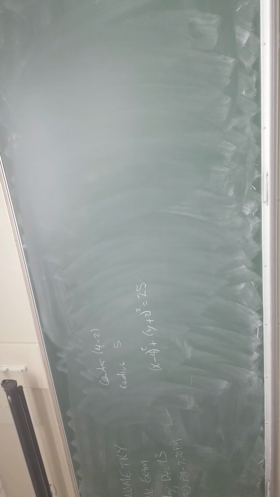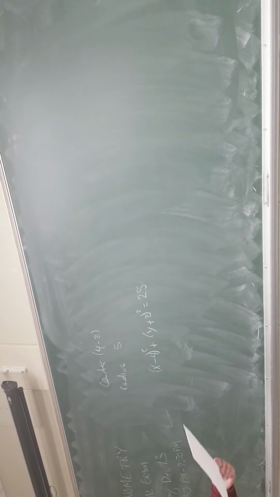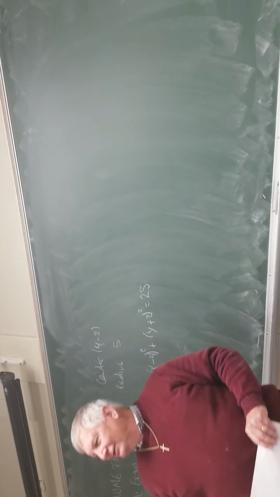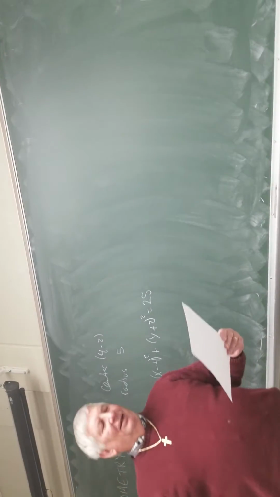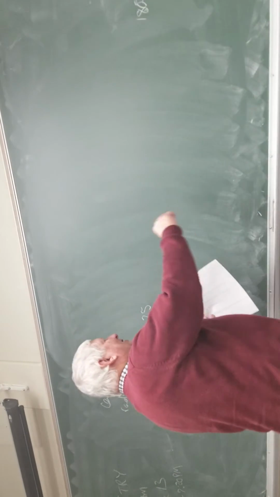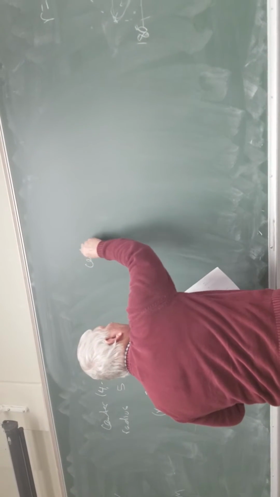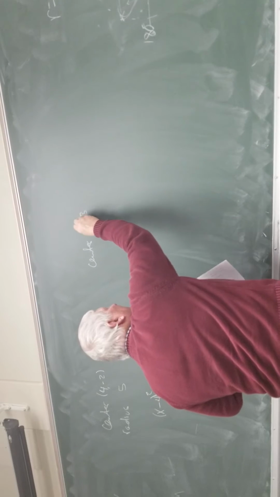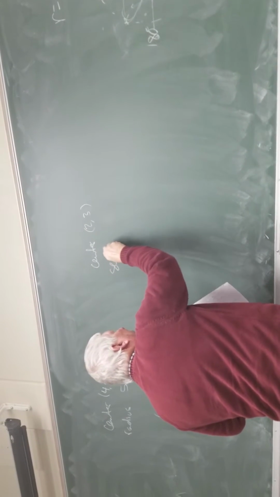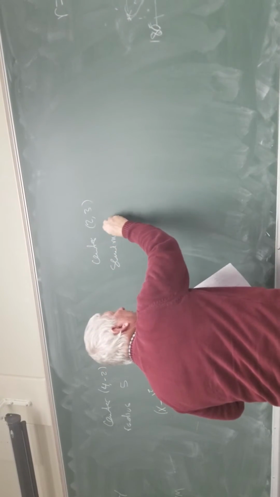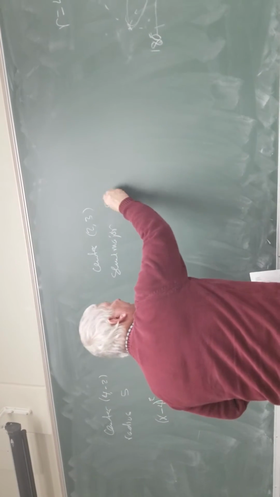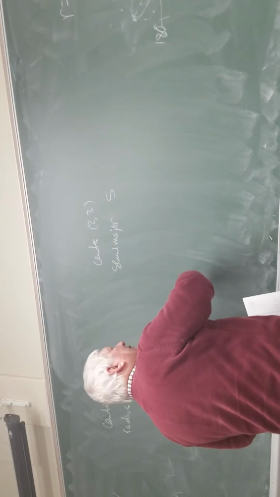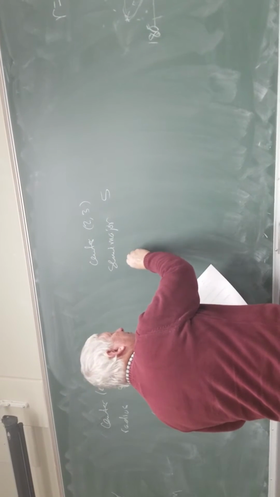Number 10, write the equation of an ellipse. The equation of an ellipse whose center is at 2, 3. Semi-major axis in the x direction is 5, and then the semi-minor, it said.